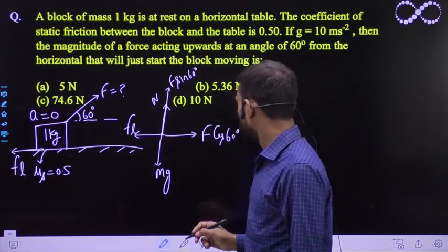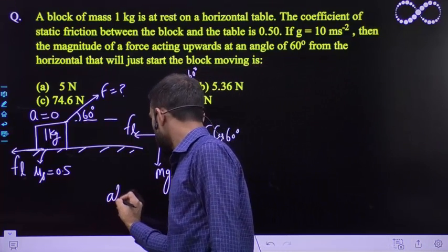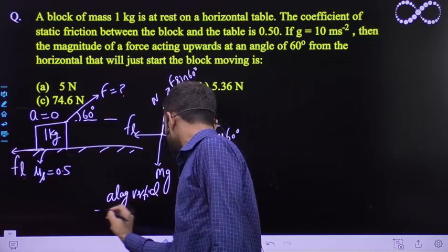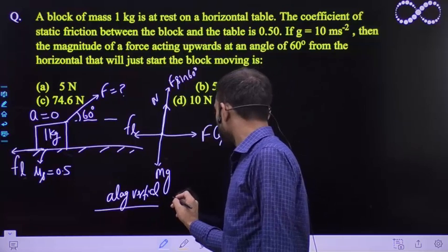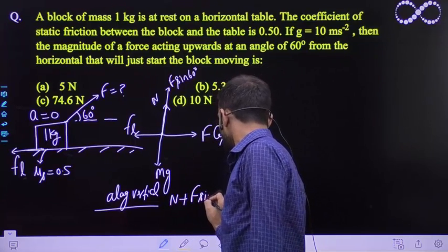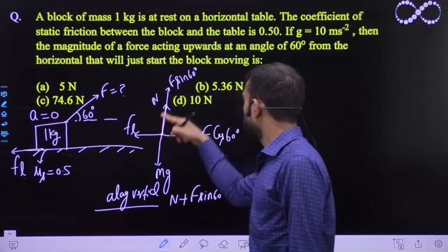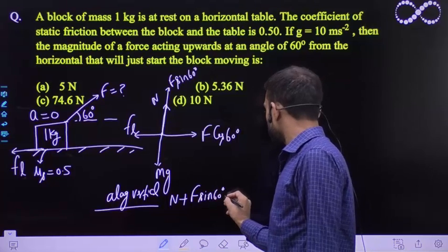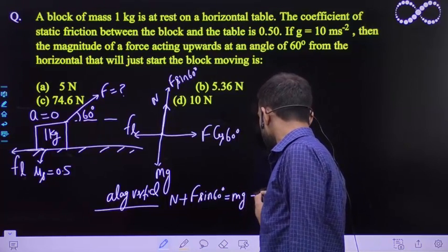So if I work along the vertical first, what are the forces? N plus F sin 60 degree must be balanced by mg. So let us call this equation 1.